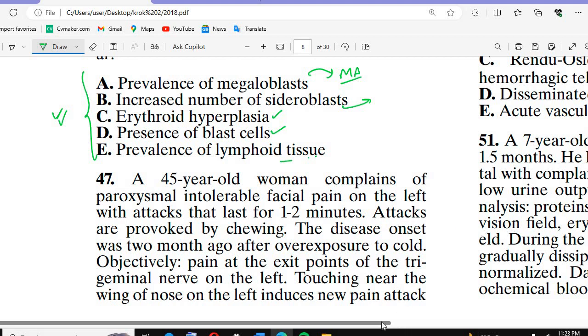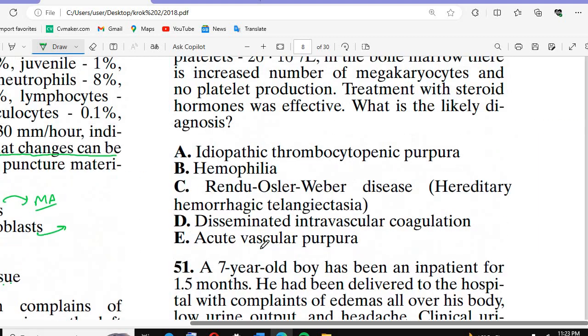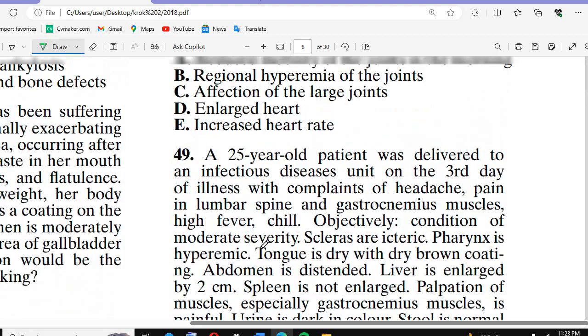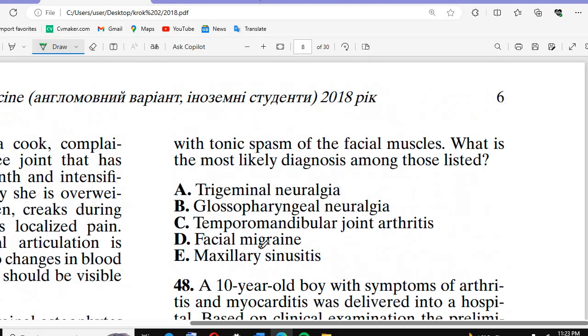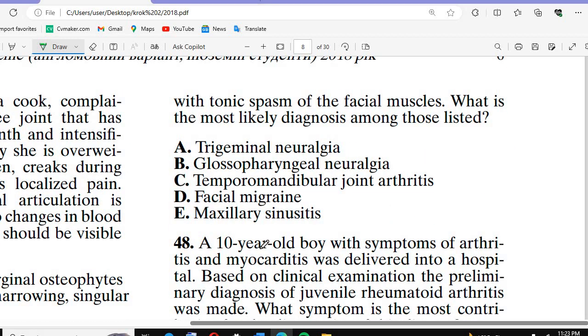We discussed already the questions about anemia, microcytic and megaloblastic. Most of the questions we already did. Now see, what is the most likely diagnosis among these listed? Trigeminal neuralgia, glossopharyngeal, temporofacial, maxillary. Even if you don't know anything, even if you didn't read the question itself, you still know which is the commonest disease.